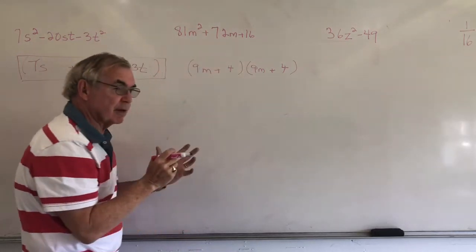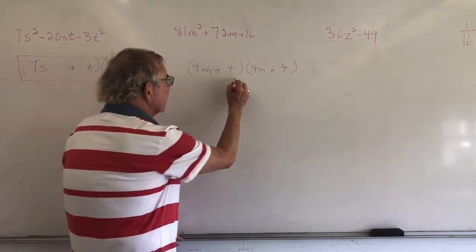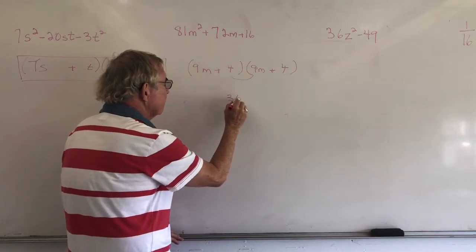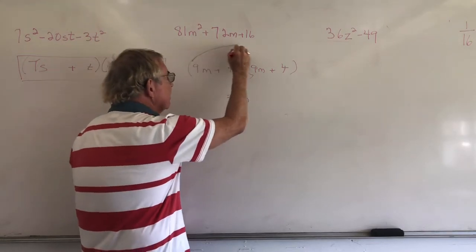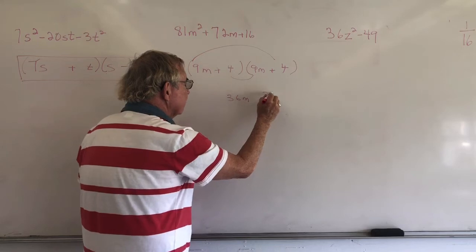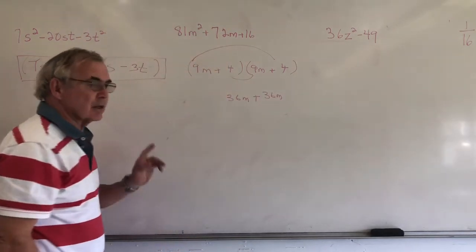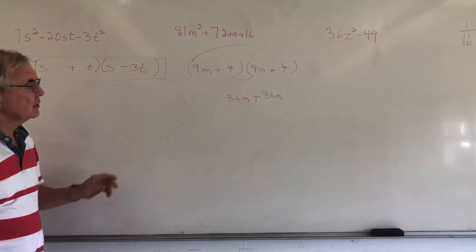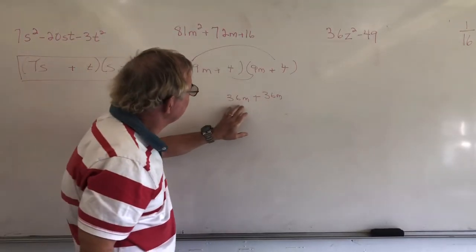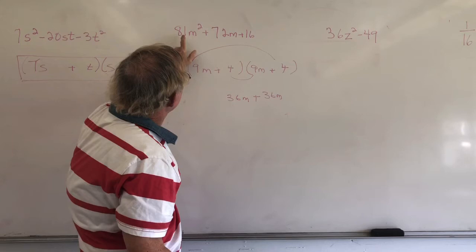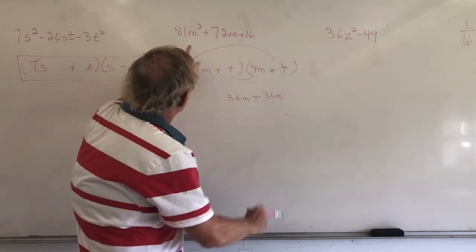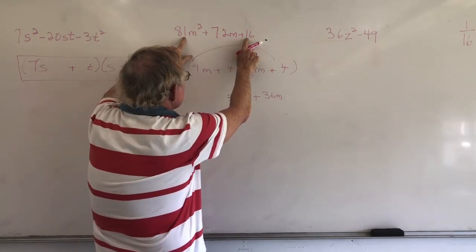Now, is it perfect? What's this give you? 36m. 36m. We add them. There you go. Now that's a perfect. So this makes it perfect. This makes it a trinomial. And these two numbers are the squares.